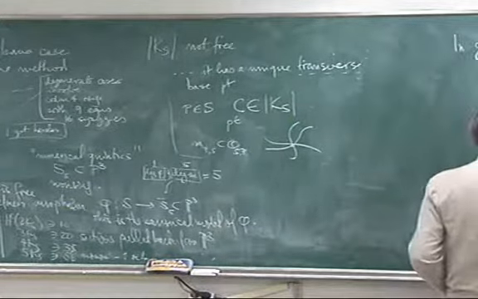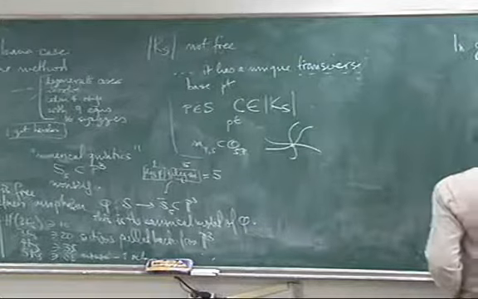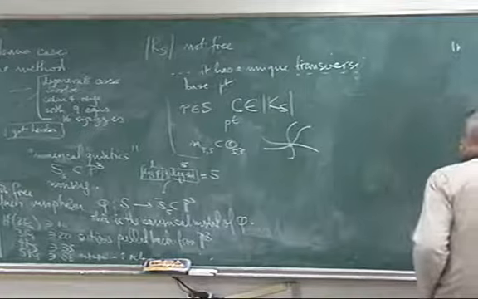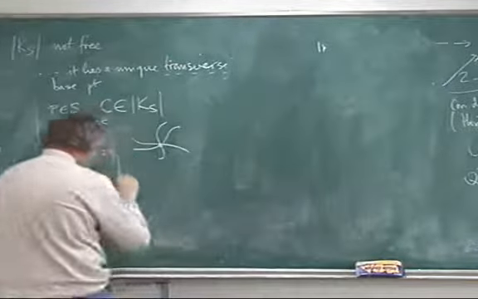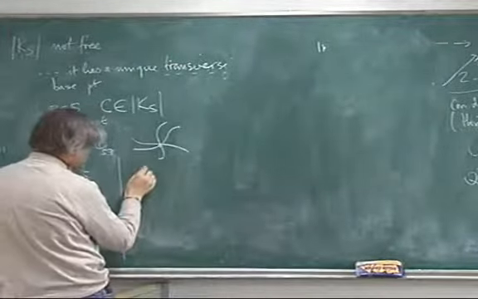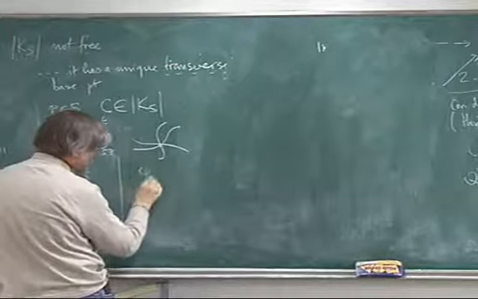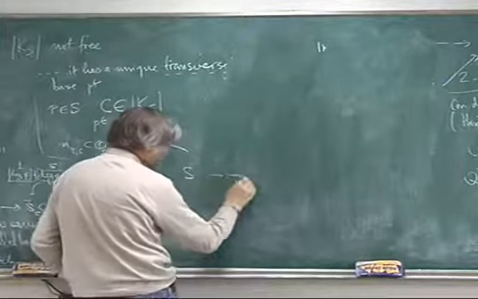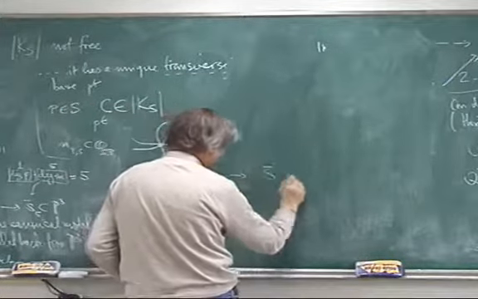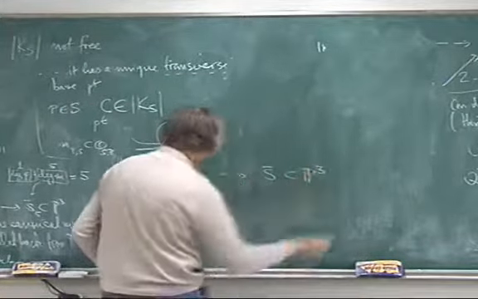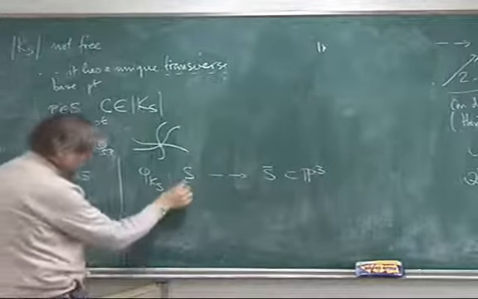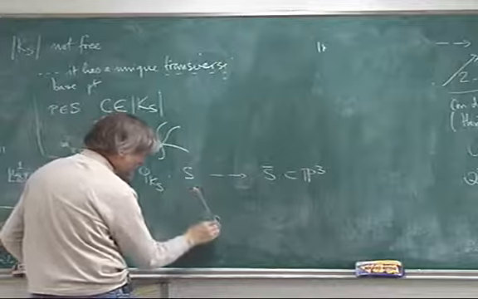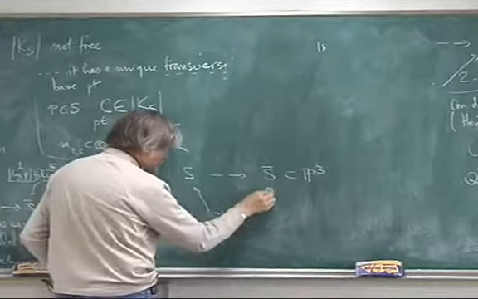Again you can argue geometrically. The thing that happens here is that we look at this map phi_{K_S} from S to some surface S bar in P3. Now it's definitely not defined at this point, and so I have to do S twiddle.